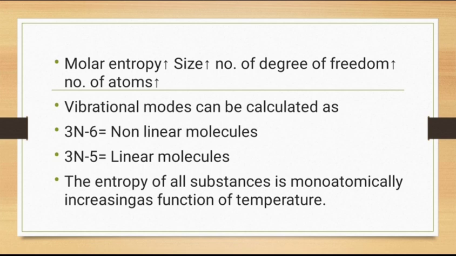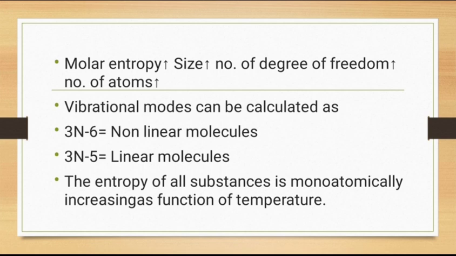Now, molar entropy increases with the disorderedness or the size, and it increases with the number of degrees of freedom and with the number of atoms. When the number of atoms increases, entropy will increase; there is a randomness, there is a freedom, so obviously molar entropy will be greater.